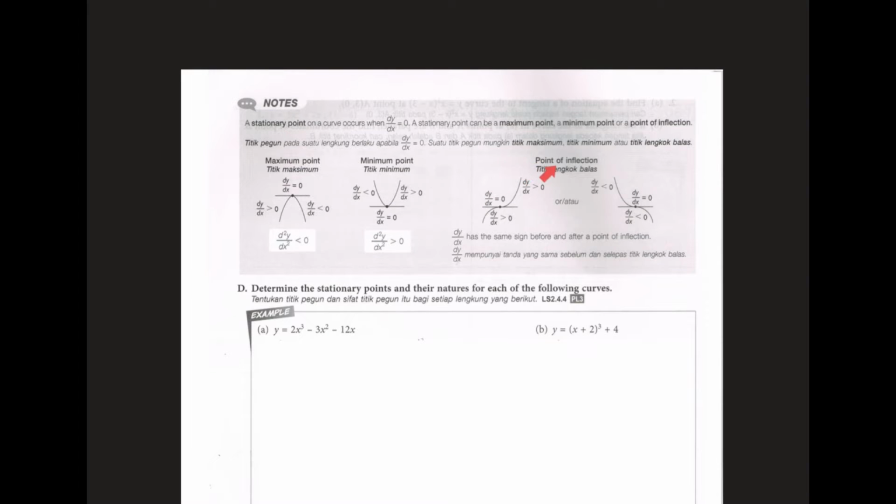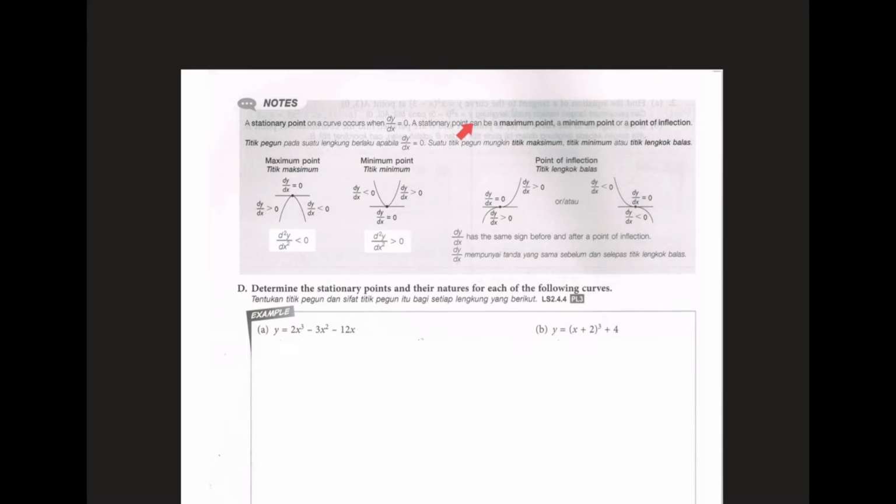When it comes to inflection also, when we have this point, which is the inflection, the gradient is also 0 because it's flat here, it's horizontal here. And likewise, this one is the same. So all these have dy/dx equal to 0. And let's continue.